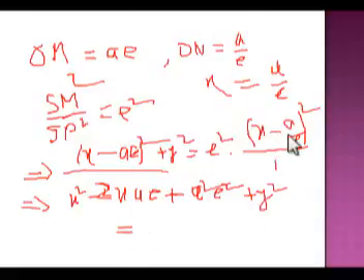And on the right hand side we will get, just using (a minus b) whole square and multiplying e square, e square x square minus 2abe square, multiplying with e square we will get 2xe, plus b whole square, multiplying with e square we will get just a square.